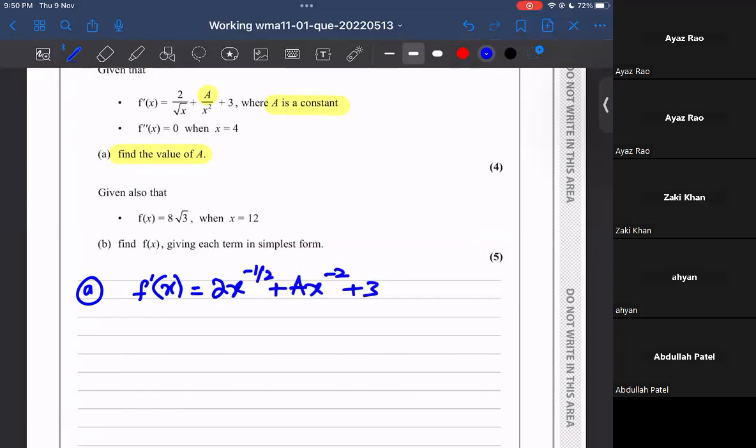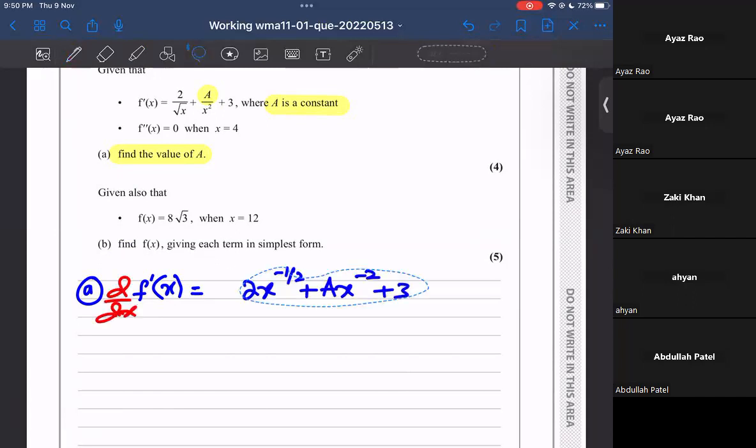So what I'm going to do, I'm going to take the differential again to get a second derivative. सिंप्लीफाई करवाया मैंने इसको, यानी तमाम x वेरिएबल को should be in the numerator. I got the second derivative, that is f double dash x. What is f double dash x? 2 multiplied by -1/2.